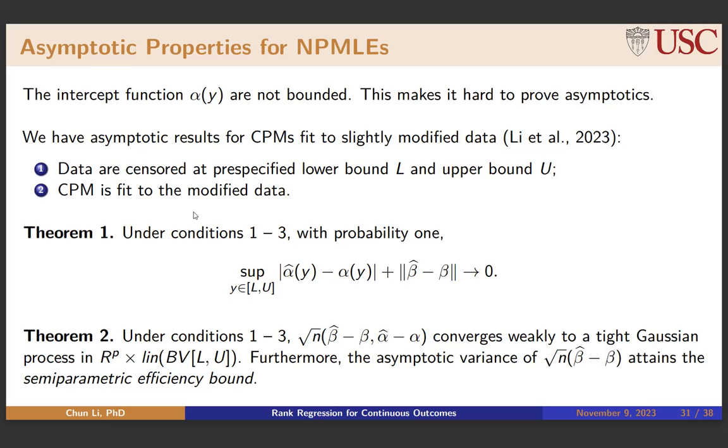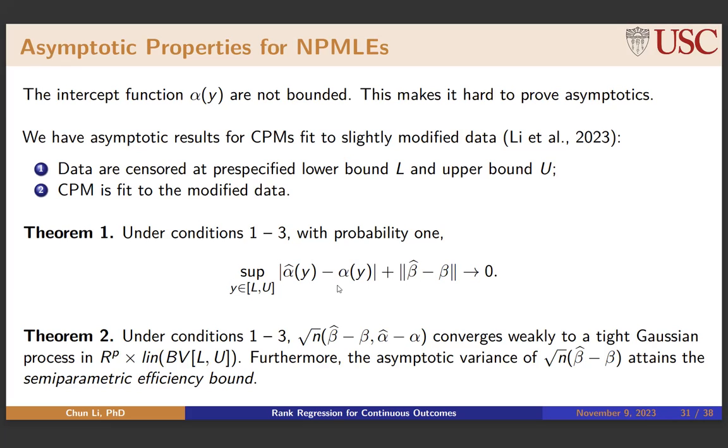Because of that, it's hard to prove anything that's uniformly consistent. So what we do is choose a lower bound and upper bound, and you can choose them far away, and then you clip them, you censor them, and then you fit the model on the central data. So this would be a slightly different approach, but for this approach, we can prove asymptotics.